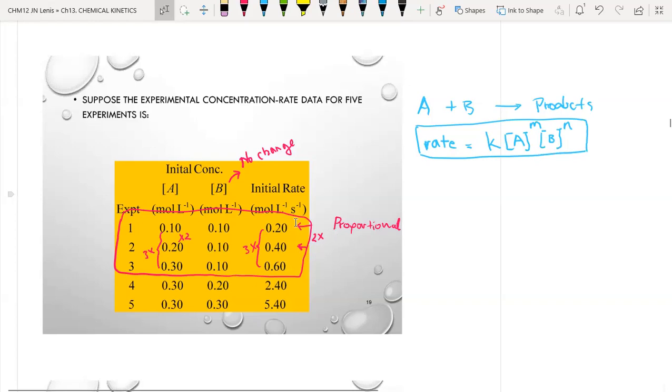Direct proportion is something where you double something here and the rate doubles here, so that's proportional. If you increase here the concentration, then you observe an increase on the rate also in the same proportion. Exactly the same proportion. So it's direct.